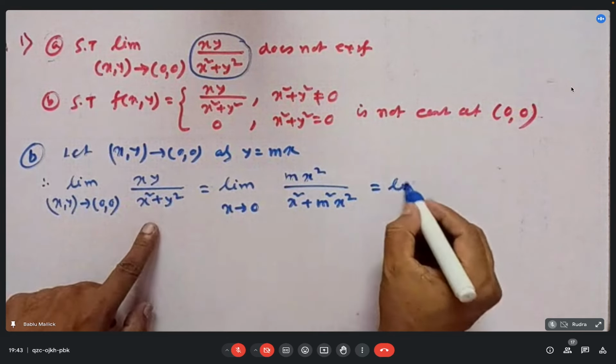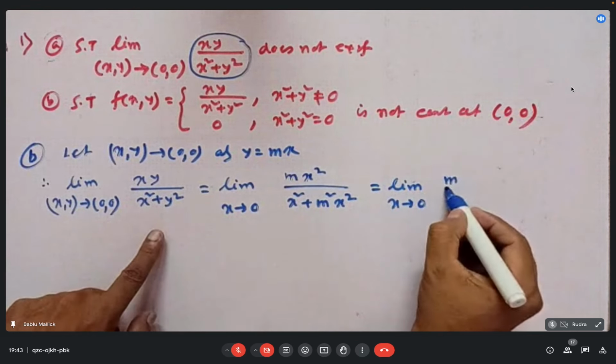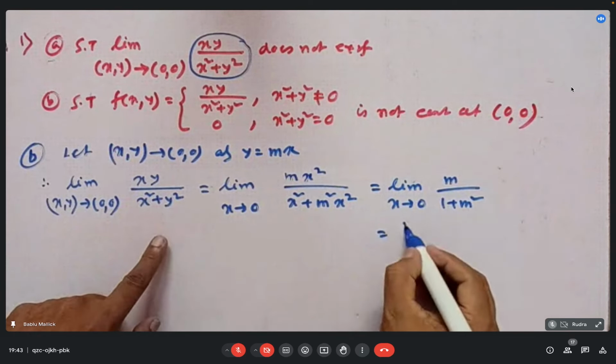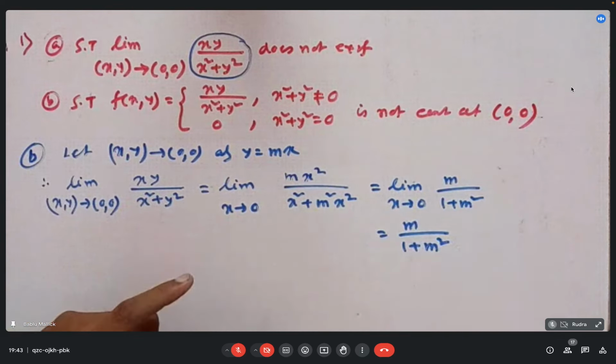So that is m divided by 1 plus m square.